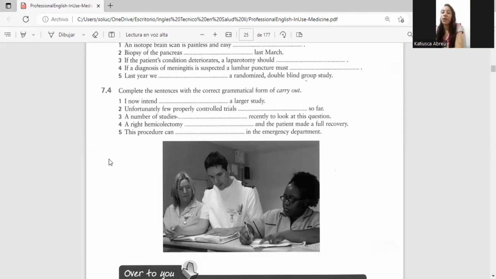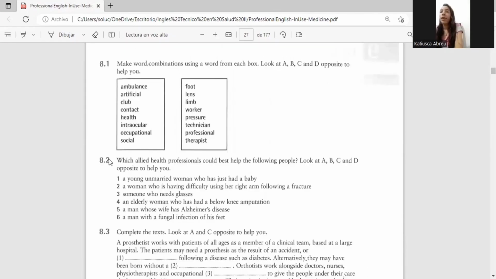Exercise 4. Complete the sentences with the correct grammatical form of carry out. Example, this procedure can be carried out in the emergency department. Unit 8. Allied health professionals.